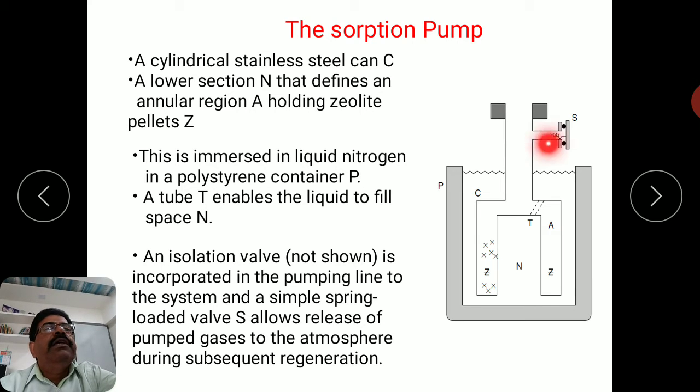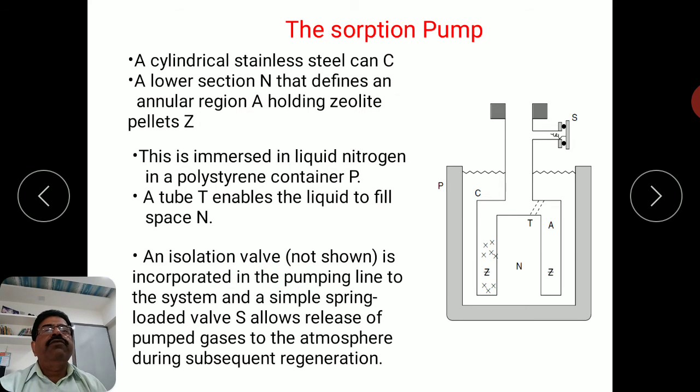And there is a special type of valve, you can see, that is a spring loaded valve S. Now in this particular channel which is going to the vacuum chamber, there is a certain type of valve which is called an isolation valve.